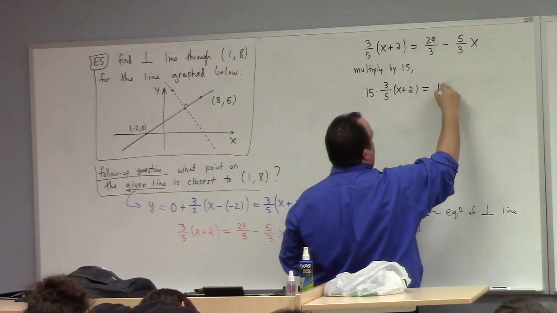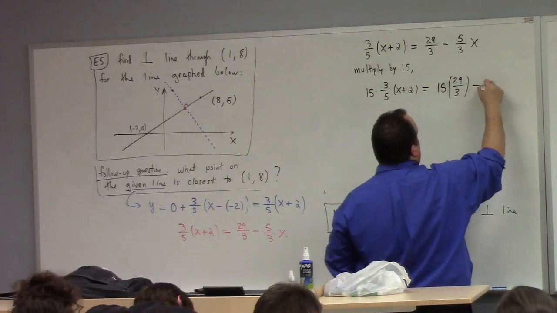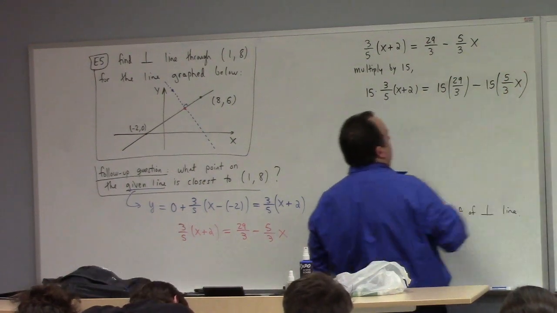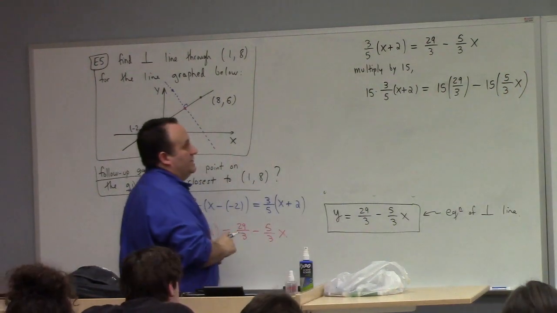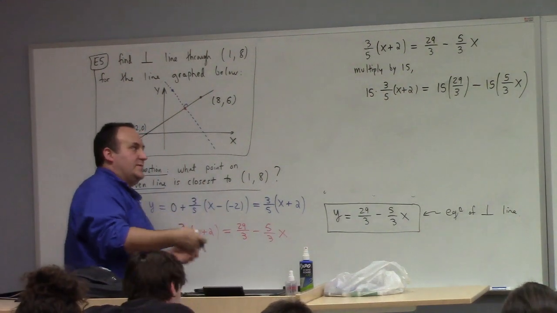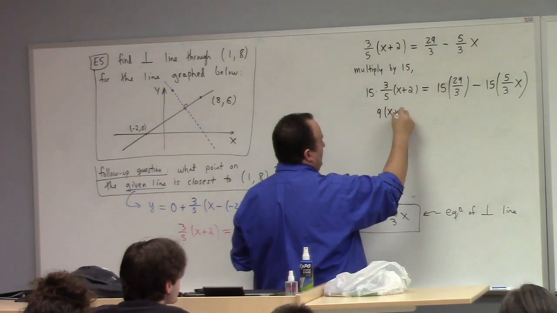Equals 15 times 29 over 3 minus 15 times 5 over 3 x. Which we can simplify, right? 15 over 5 is 3. 3 times 3 is 9, so I have 9 times (x plus 2) on the left-hand side.